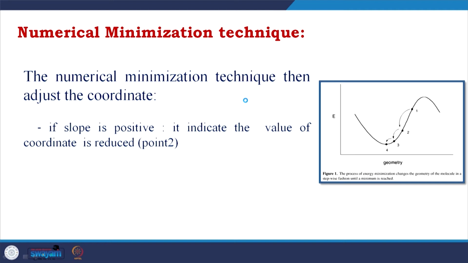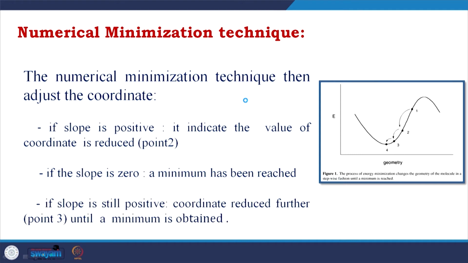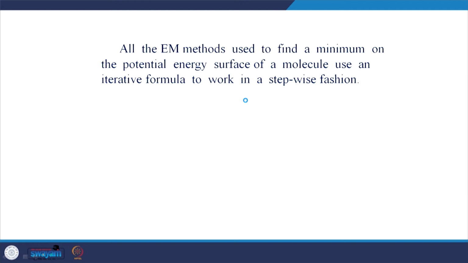If the slope is positive, the coordinate is reduced to 0.2. If the slope is 0, a minimum has been reached. If the slope is still positive, the coordinate is reduced further to 0.3 until a minimum is obtained. So, this is the search toward getting the minimum.